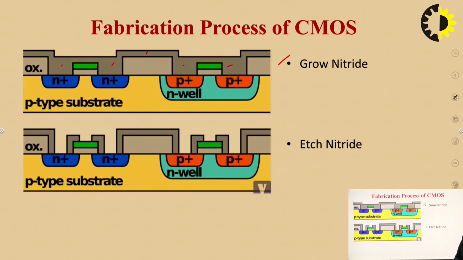Now again, we are going to etch the nitride using the same lithography process, that is the patterning, using the mask and allowing the ultraviolet radiations to pass through those windows where the nitride has to be removed. So nitride has to be removed from these areas. Again, the mask will look like this.